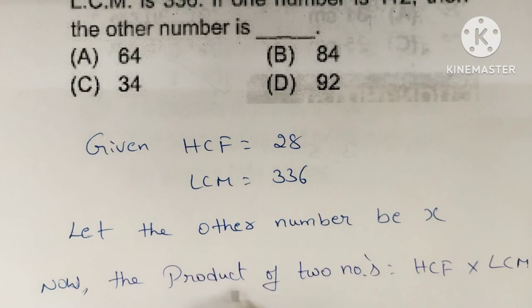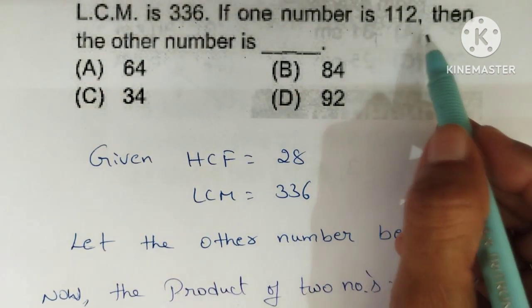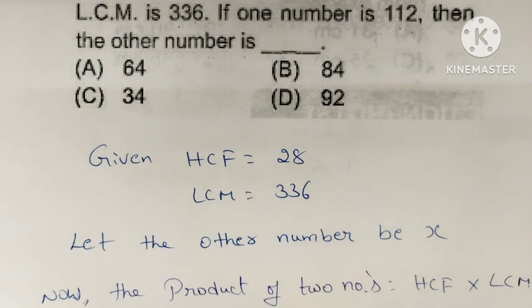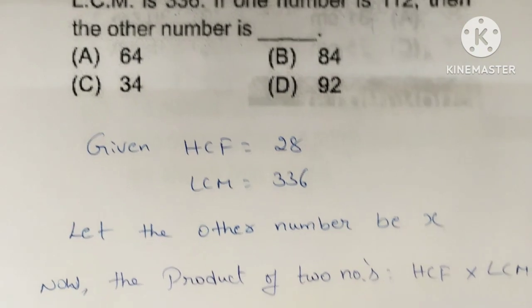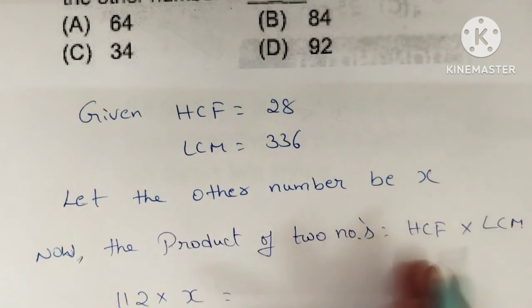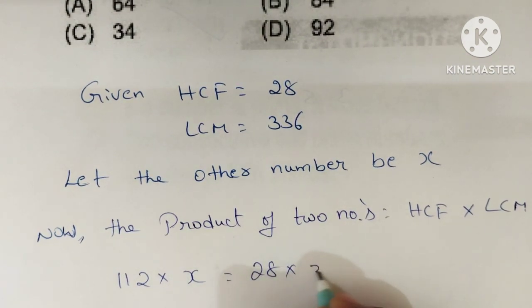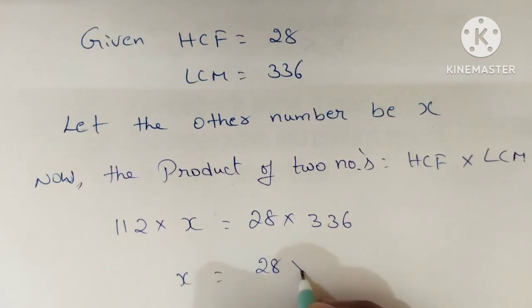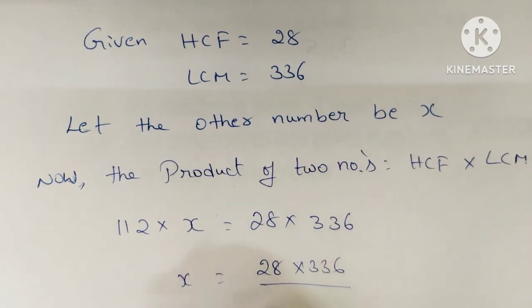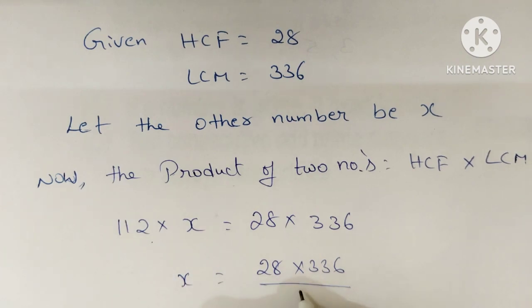So here one number is 112 and the other number is X. So 112 into X is equal to HCF into LCM. Here HCF is 28 and LCM is 336. So X equals 28 into 336 divided by 112.